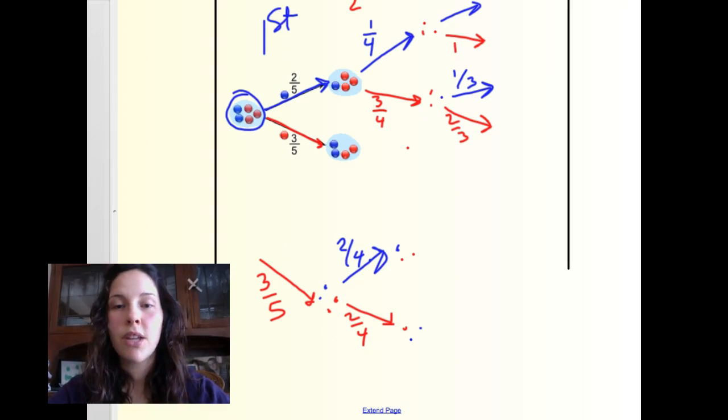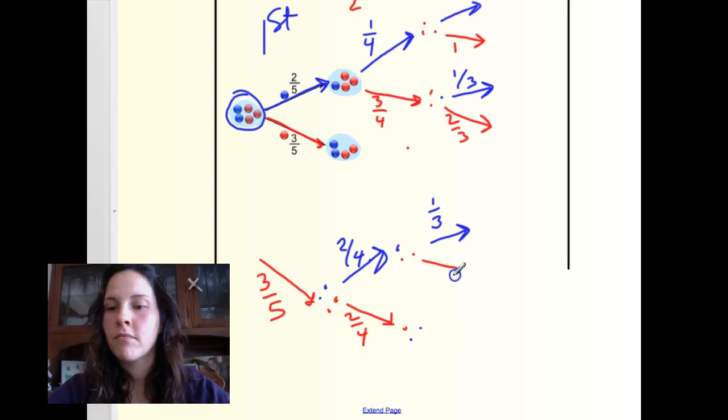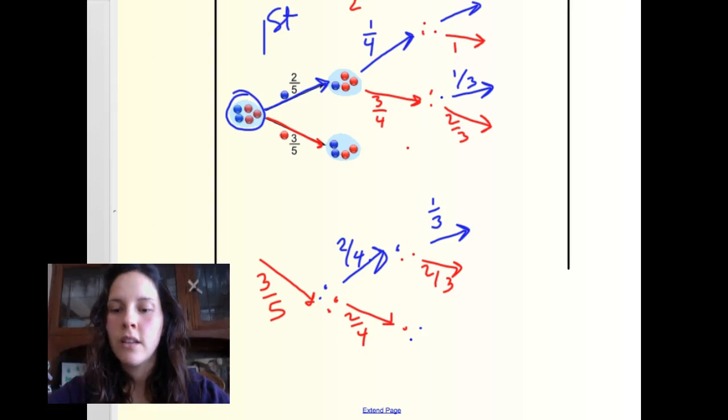And then for my third pull, if my second pull was blue, I'd have a 1 out of 3 chance of pulling a blue marble, a 2 out of 3 chance of pulling that red one. If I pulled red and then red, I would have a 2 out of 3 chance of pulling a blue marble, and only a 1 out of 3 chance that that third pull would be red.